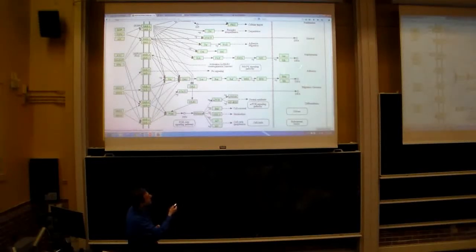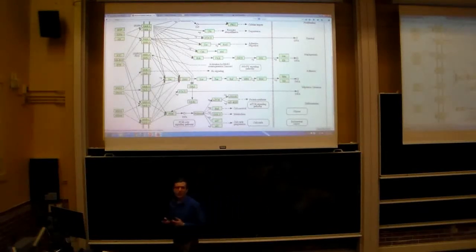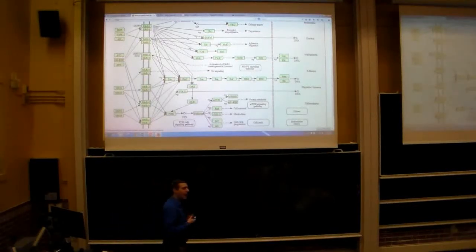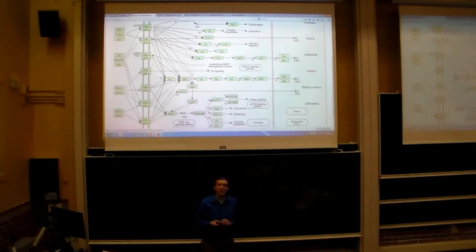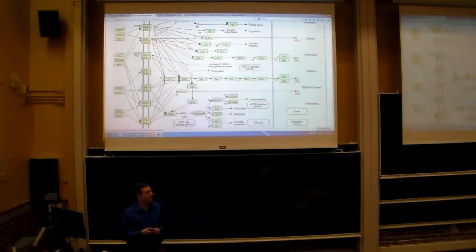So angiogenesis, adhesion, migration, invasion. So this happens to be a kind of signaling pathway that's very important in cancer contexts, and all of these different kinds of activities are things that are important in how tumors behave, so promoting proliferation or migration of cells and so forth. So that's why someone might care about this particular set of pathways.